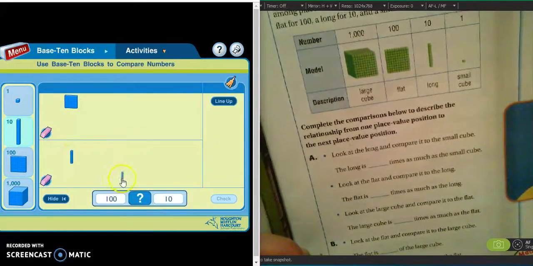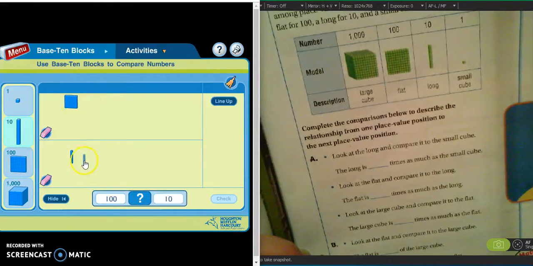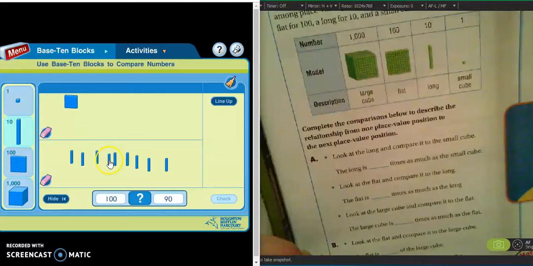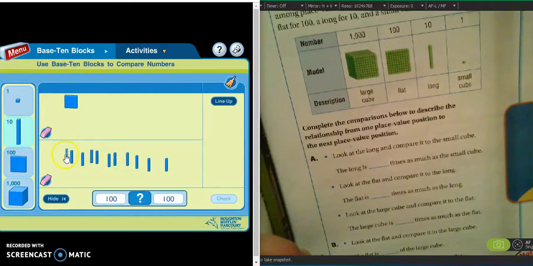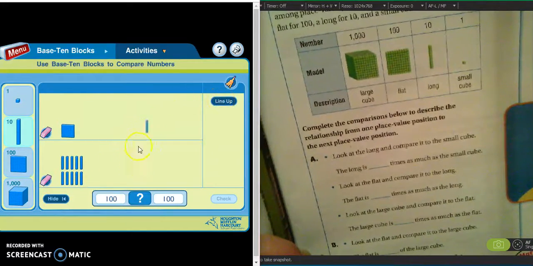So again, we want the 100 and the 10, where those are, to be the same. So how many of the longs is it going to take to get to 100? So if you look, again, it takes 10.